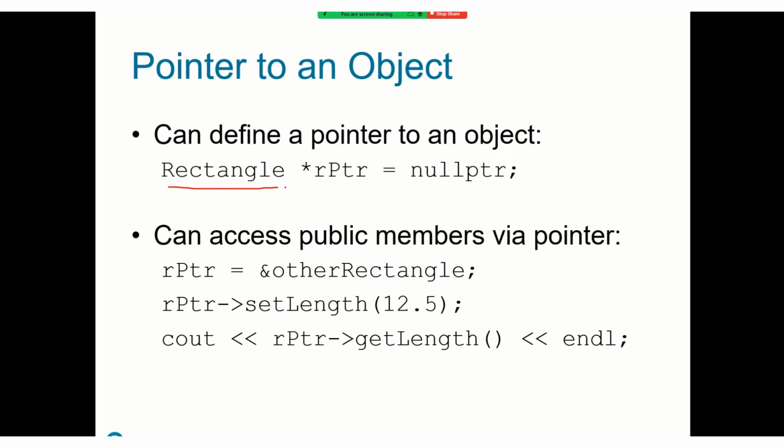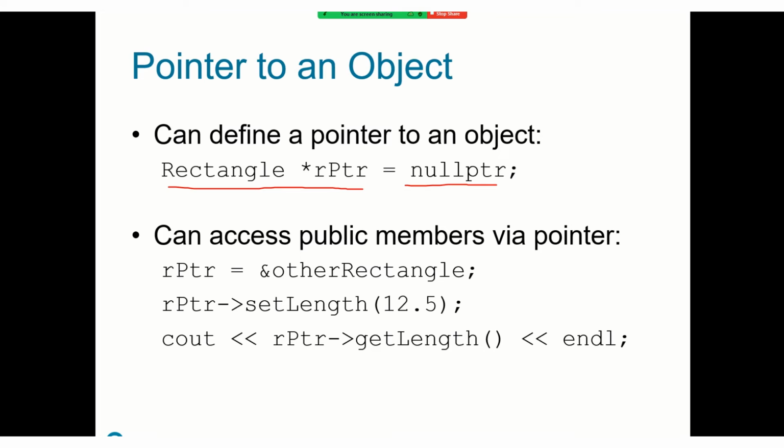So you have rectangle, and then you have the pointer, and you call it null pointer. So that's the way you create a null pointer. That's not an object, of course, that's a pointer to the rectangle object.